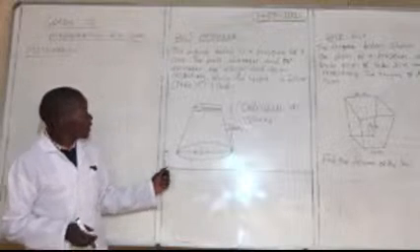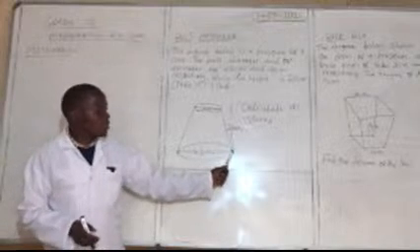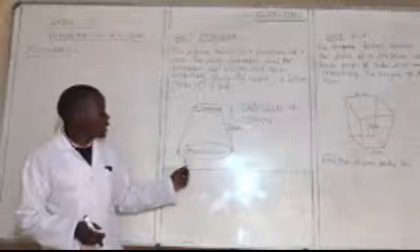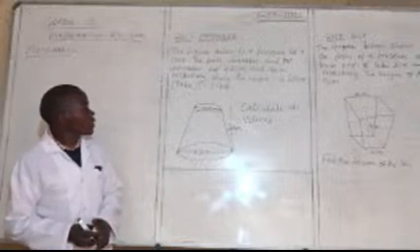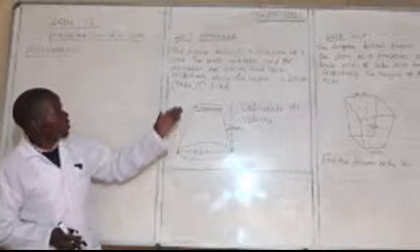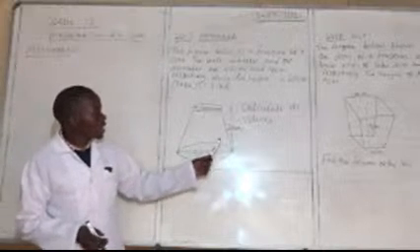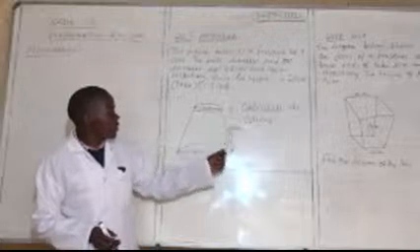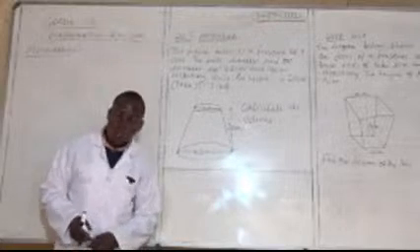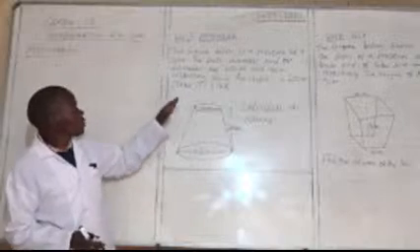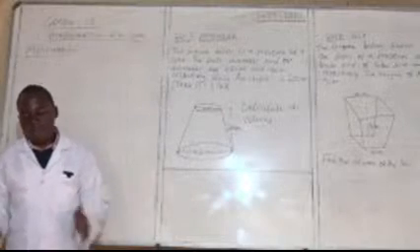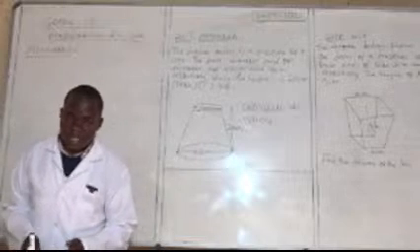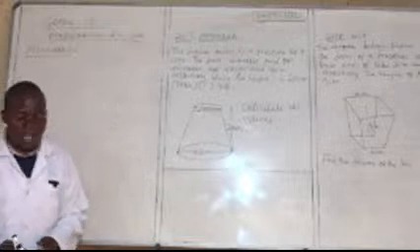So the diameter of the bottom part is 42 centimeters, and the diameter of the top part is 14 centimeters, while the height is 20 centimeters. The height of the frustum is 20 centimeters, and we have to take pi equal to 3.142. Once we have been given a question like this, how are you going to tackle it?